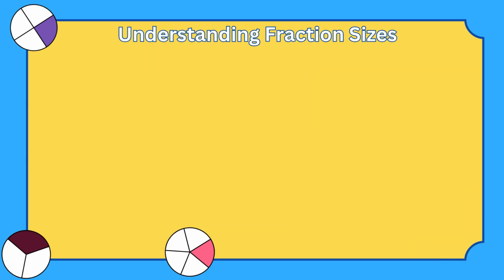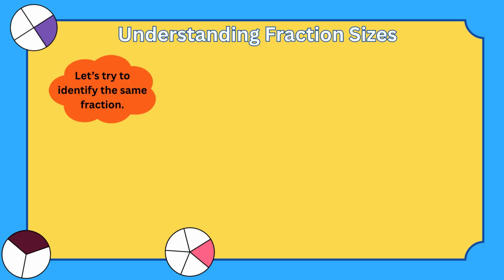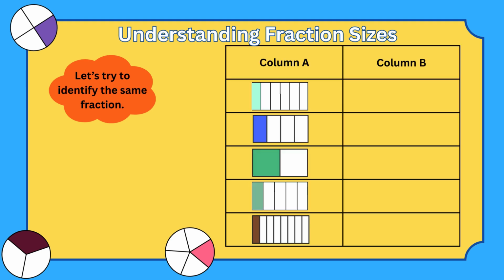Let's try another activity. This time, we will match fractions shown in different shapes. In column A, you see rectangles with some parts shaded. In column B, you see circles with shaded parts too. Your task is to match each rectangle to the circle that shows the same fraction. Look carefully.